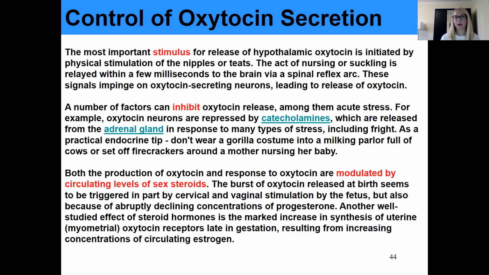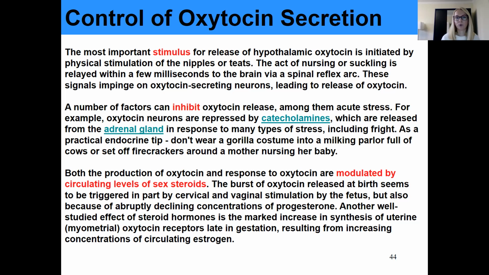A number of factors can inhibit oxytocin release. One is acute stress, because in case of acute stress, there is a burst of catecholamines released from the adrenal gland, which can suppress oxytocin secretion.